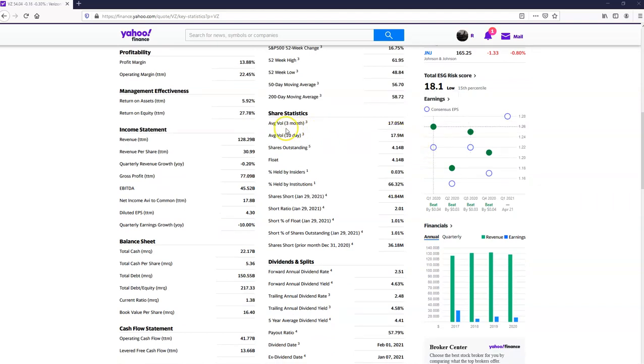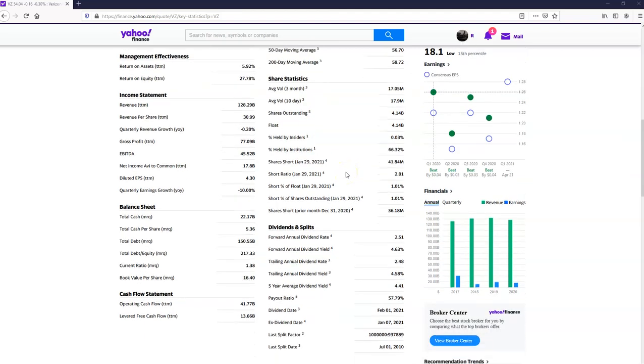This is the average volume in the last 3 months, in the last 10 days, of how much stock has exchanged hands. This is the amount of shares outstanding. This is the amount of shares on float. This is the percentage that is being held by insiders.